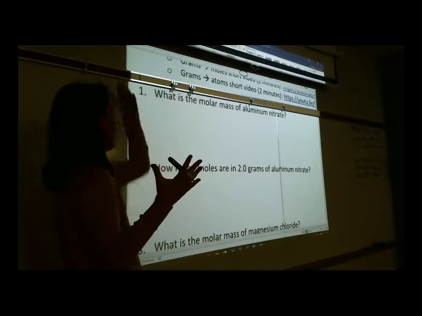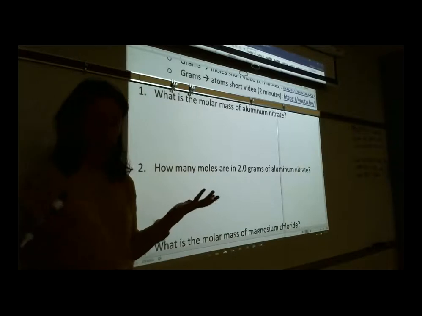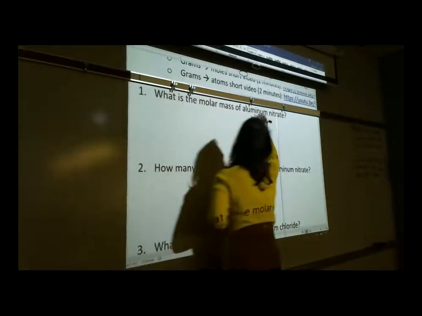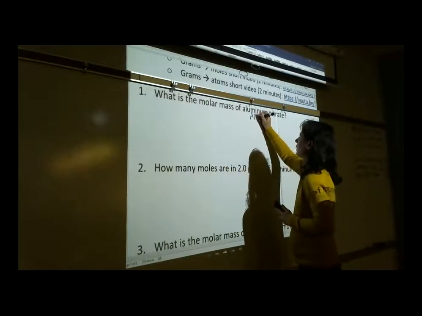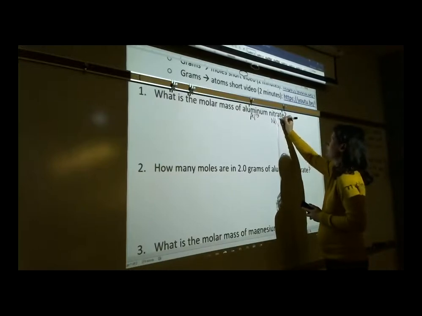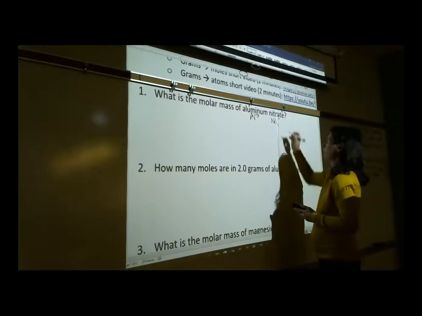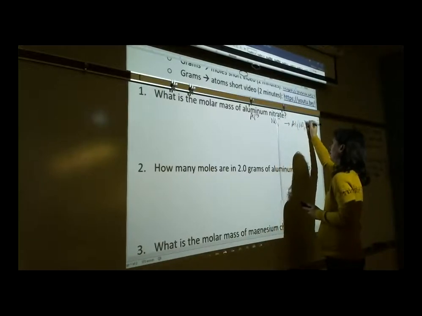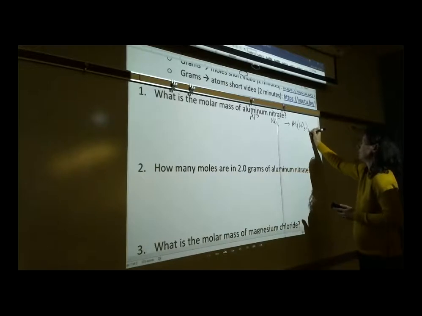Okay, first of all, you need to know the formula for aluminum nitrate, right? What's the formula for aluminum nitrate? Aluminum is Al plus 3, and what's nitrate? NO3 minus, right? So the formula ends up being Al(NO3)3, right?